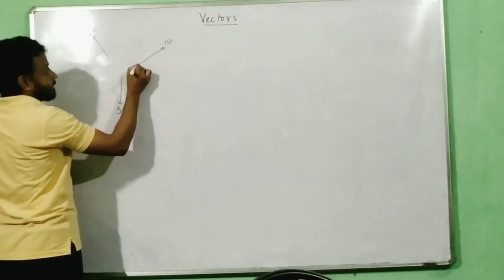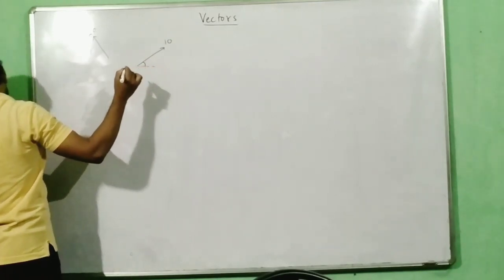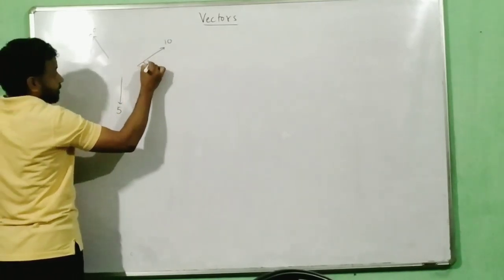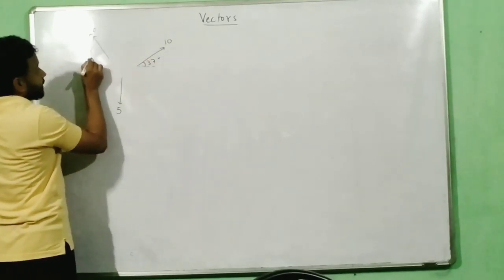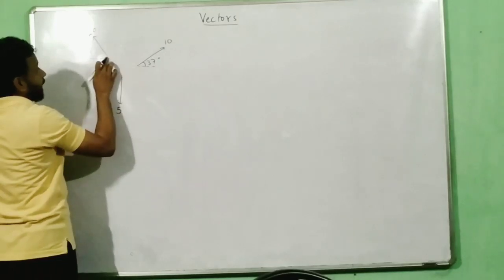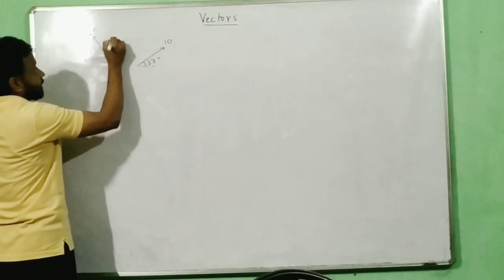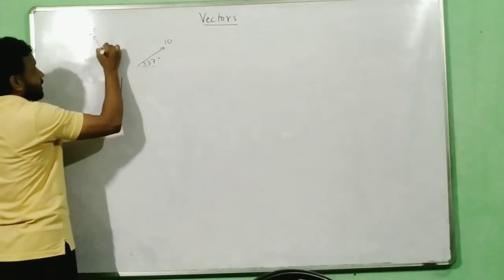Say that this makes an angle of 37 degree. I will take the angle with respect to this. This makes an angle with the vertical as 53 degree.